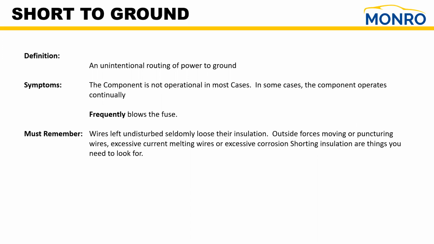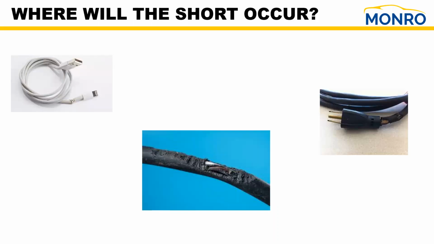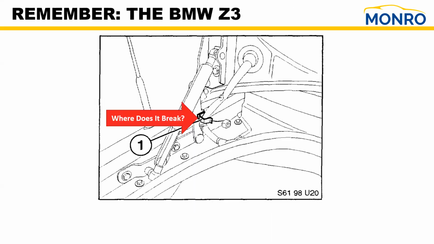Remember when we talked in the last segment that a wire left undisturbed is pretty much going to be fine for a long, long period of time. But where did the fault begin to happen? The fault began to happen at the point of movement or where wires started to rub together. This can happen as a result of, like we said with the BMW, the trunk opening and closing.